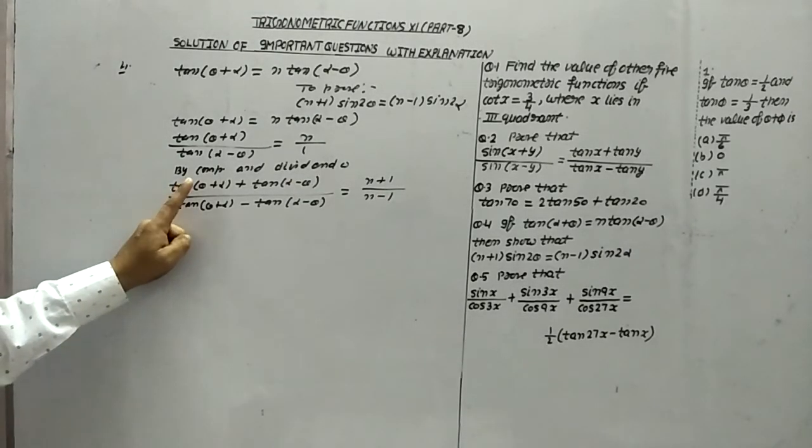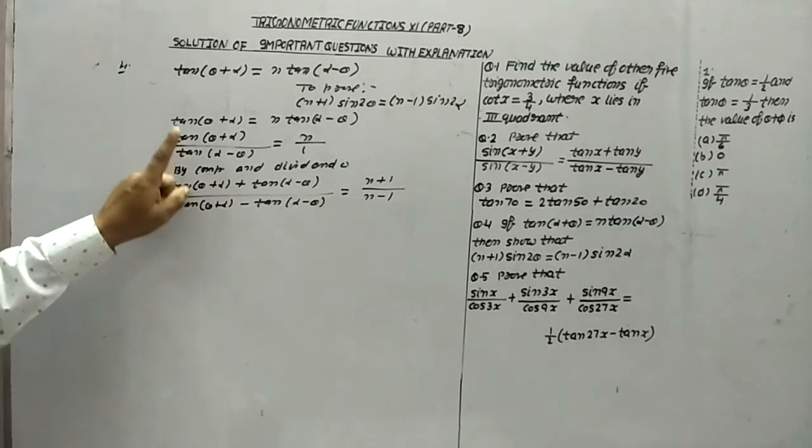Now we can easily write tan theta as sine theta upon cos theta.